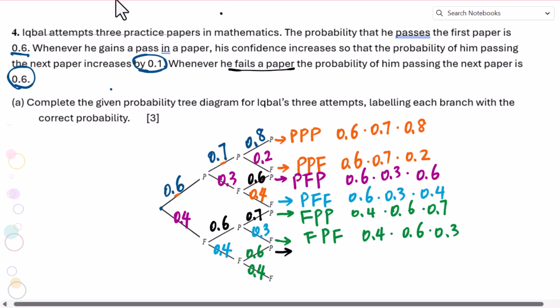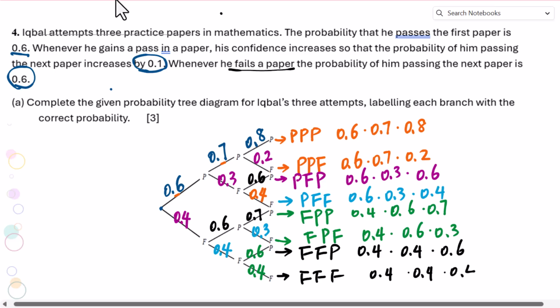This path, FFP. 0.4 times 0.4 times 0.6. This path, FFF. 0.4 times 0.4 times 0.4.